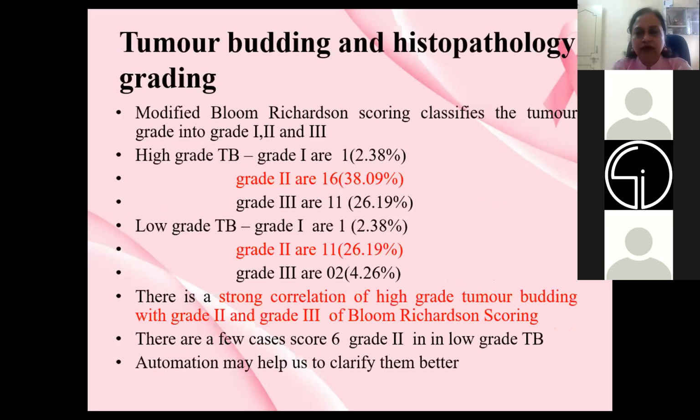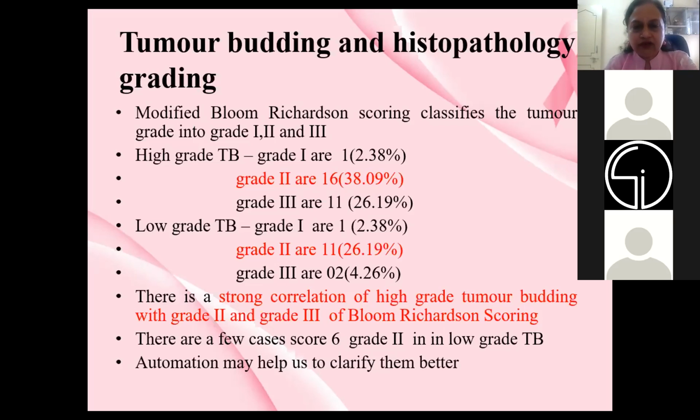The next histopathologic correlation is the tumor budding with histopathology grading, which is called the modified Bloom-Richardson scoring, classifying the tumor grades into grade 1, 2, and 3. Once we saw that, we found that for high-grade tumor budding, in grade 1 there was only 1 case. Grade 2 was the maximum with 16 cases, and in grade 3 there were 11 cases.